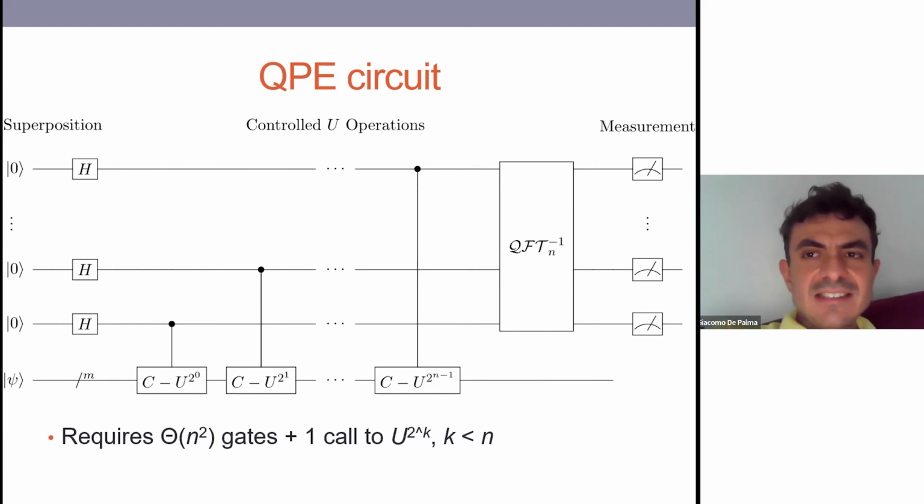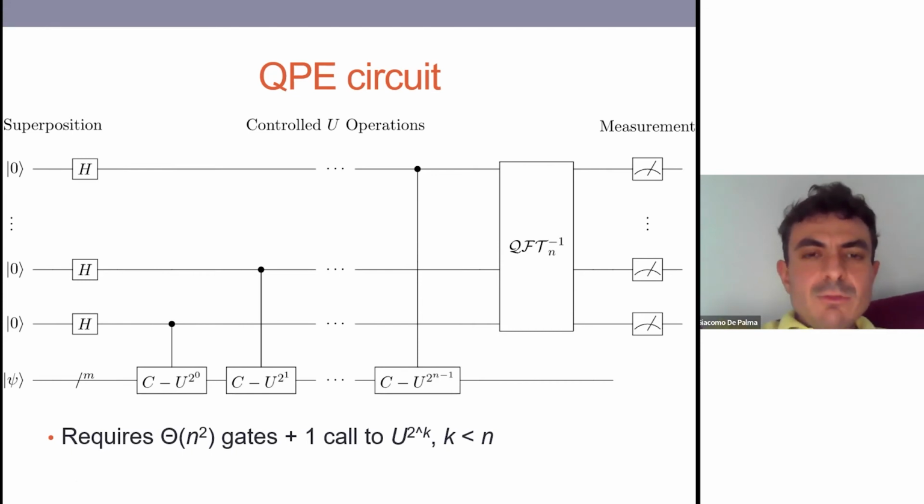Now, in this case, the U that we have comes from Hamiltonian simulation. So the question becomes whether we have shortcuts to simulate our Hamiltonian for an exponentially long time. And actually, the answer is no. Unless the Hamiltonian has some special structure, if our Hamiltonian is a generic sparse matrix, then we can't simulate it with shortcuts.